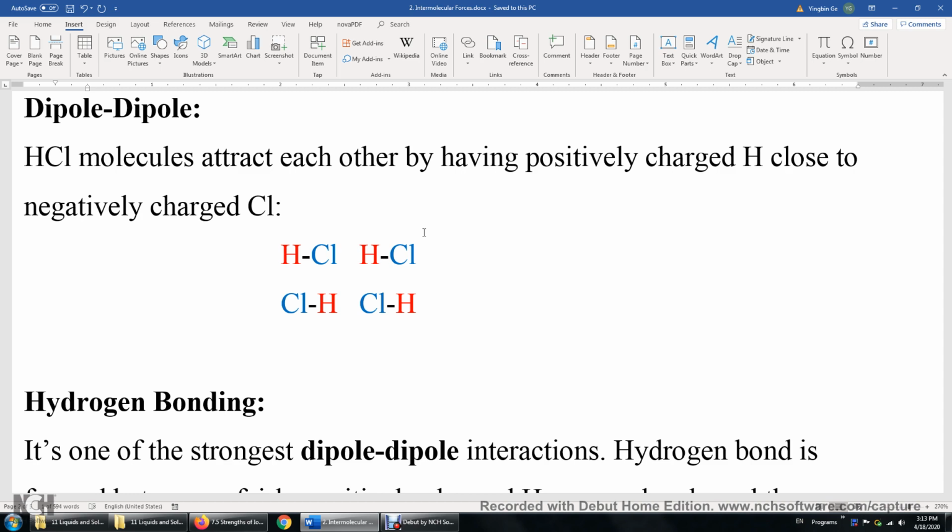Let's say if we have HCl molecules, more likely you will have this hydrogen closer to the chlorine of another molecule. This chlorine is closer to the hydrogen, again, of a different HCl molecule. And this H and Cl are closer to each other. Molecules arrange their orientations to increase the attraction.